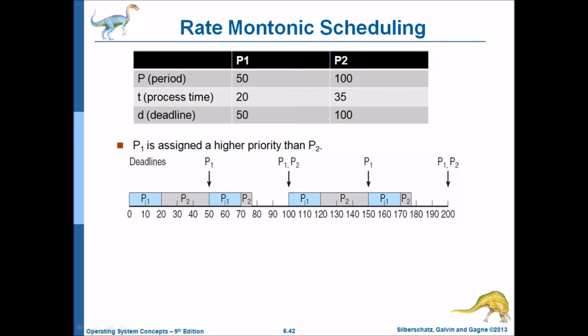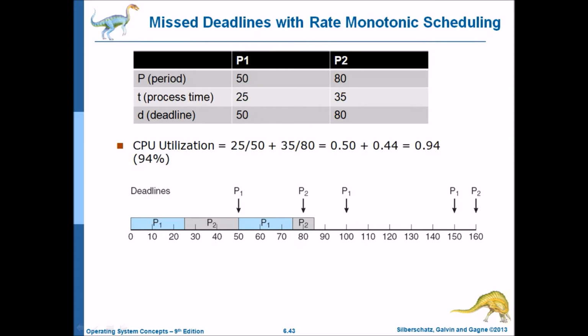There are, however, some sets of processes that cannot be scheduled with static priorities. For example, suppose we have two processes P1 and P2 having periods of 50 and 80 respectively, and processing times of 25 and 35 respectively, and the deadlines match the periods.